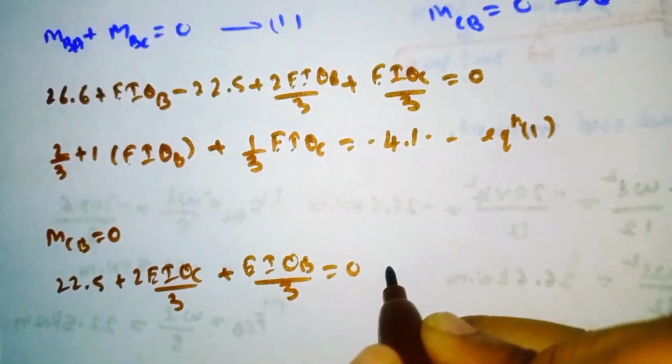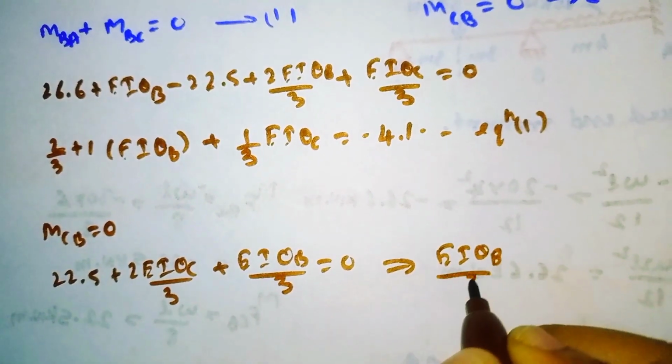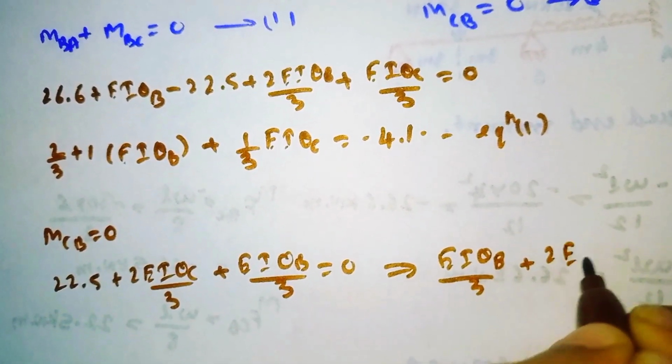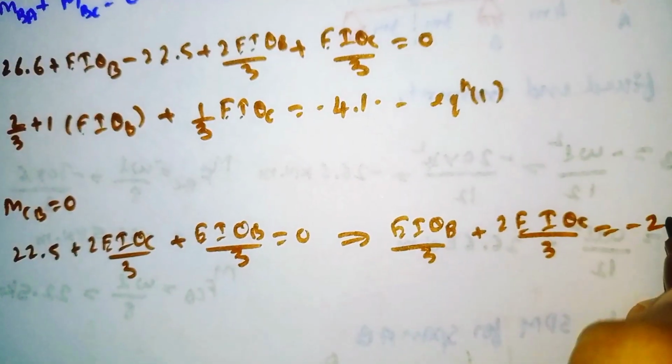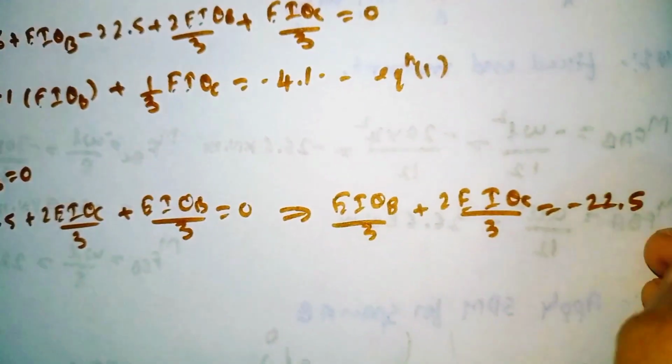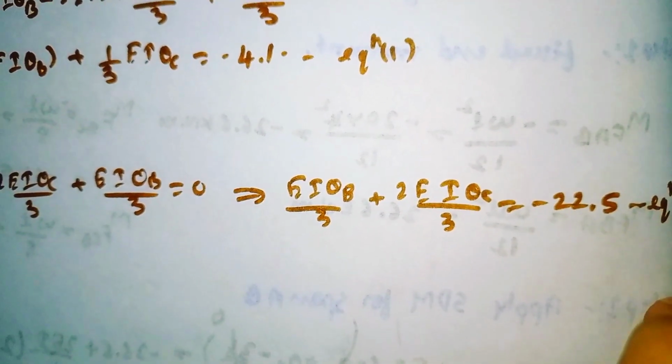Simplifying, it will come out as EI theta B divided by 3 plus 2EI theta C divided by 3 is equal to minus 22.5. Call it equation number 2.